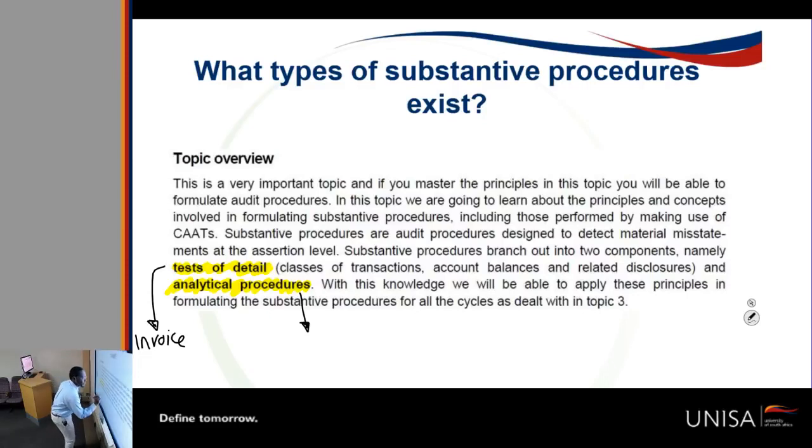Because if you think about it, if revenue last year was 19 million and revenue this year is 1 million, immediately you will notice that there is a problem. And this is when you'll go to management and inquire as to why there's been such a big fluctuation.